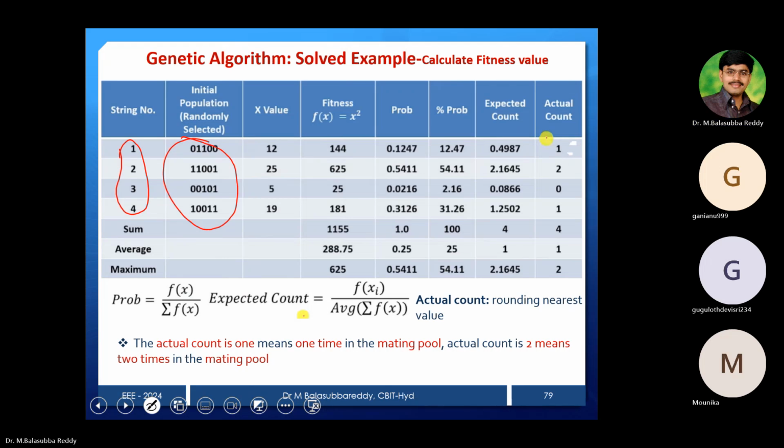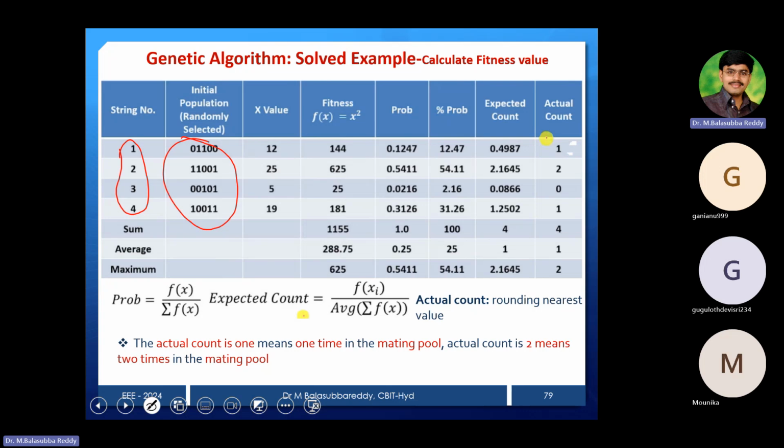Whenever we require to generate random bits, how many bits you select is based on the maximum value. Let us consider the maximum value in our case as 31. So we cannot take 4 bits.